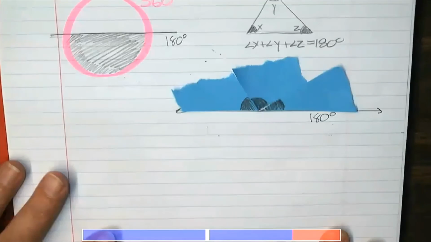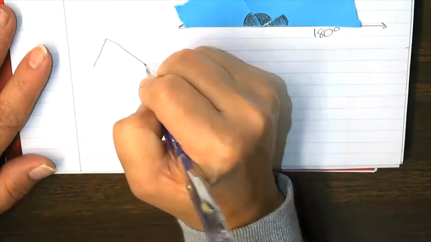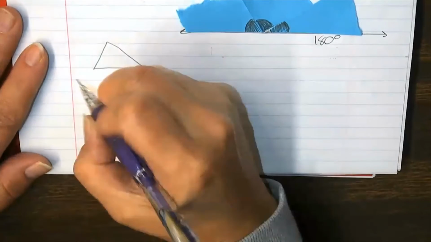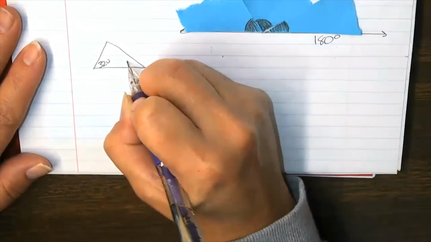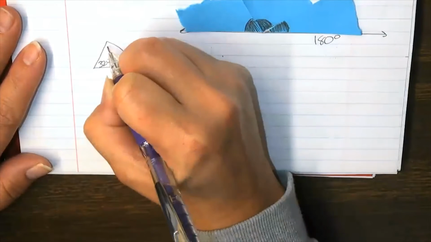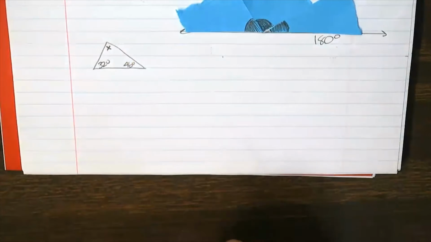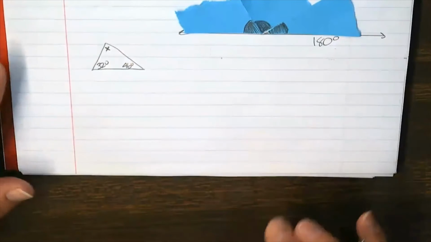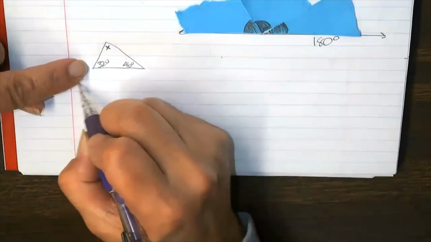So let's go ahead and put this to practice. We have a triangle. This is 32 degrees. This is 46 degrees, and we want to know what this is. Can we figure out the value of x? Yes. Absolutely.